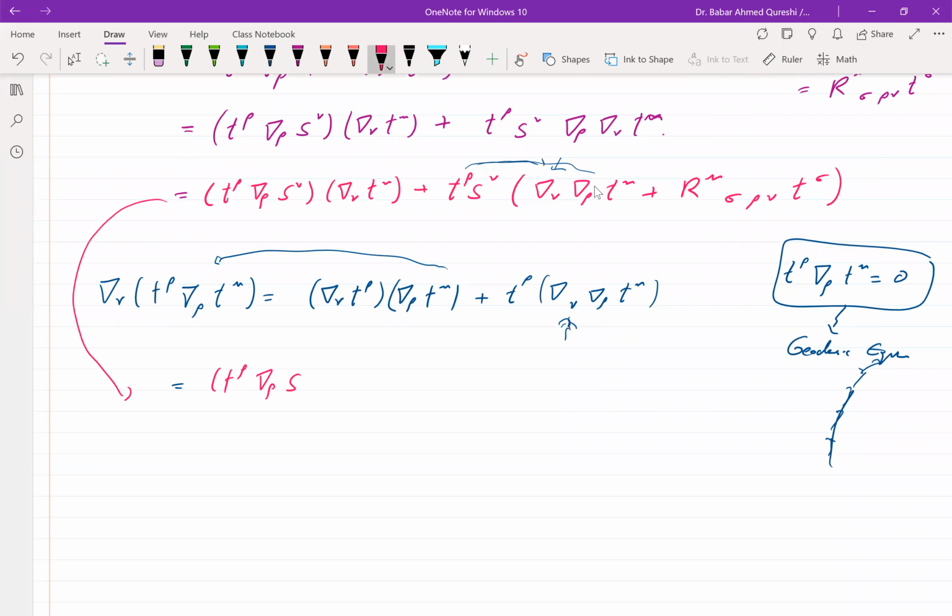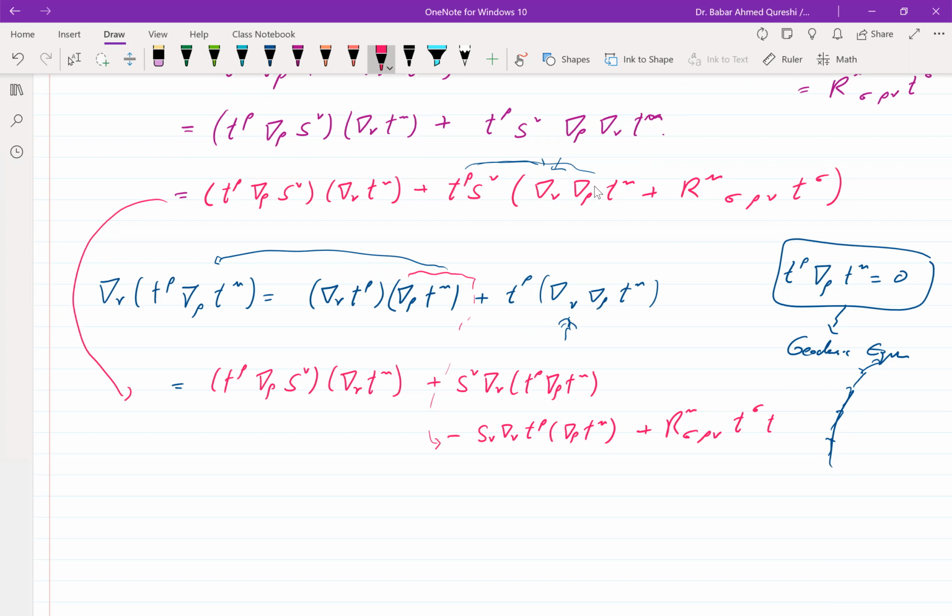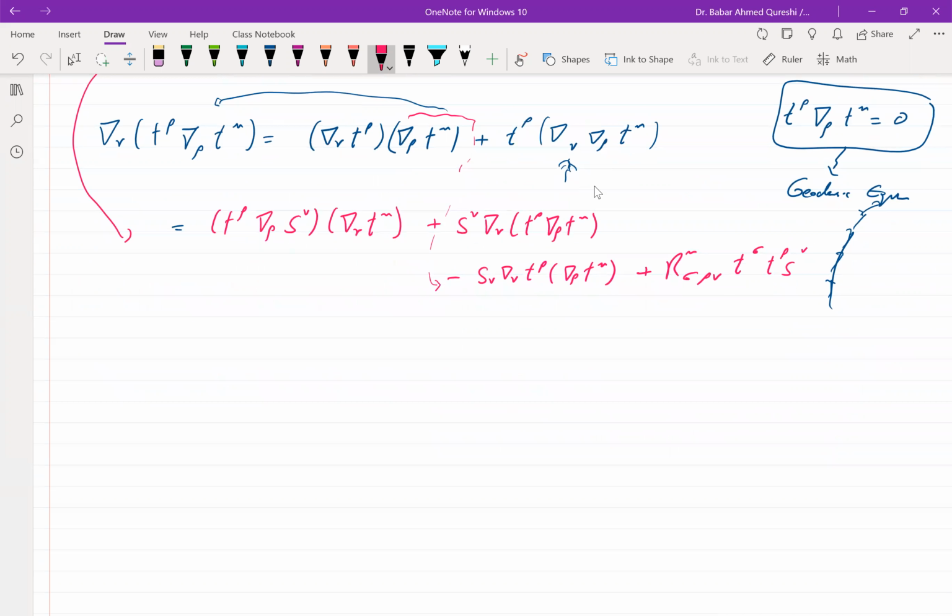T^rho d_rho S^nu d_nu T^mu plus S^nu d_nu T^rho d_rho T^mu minus S^nu d_nu T^rho d_rho T^mu, because this term came with a minus sign, and plus R^mu_sigma rho nu T dotted into sigma, and the other ones are like this, T dotted twice, and there's a sigma.